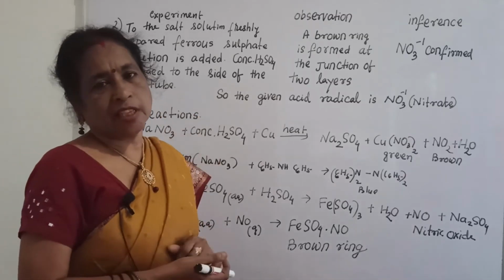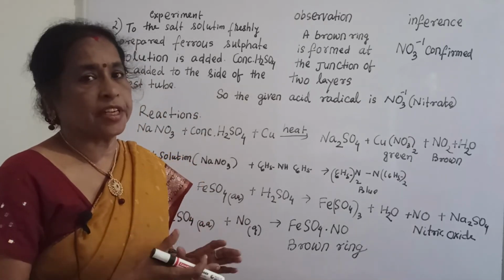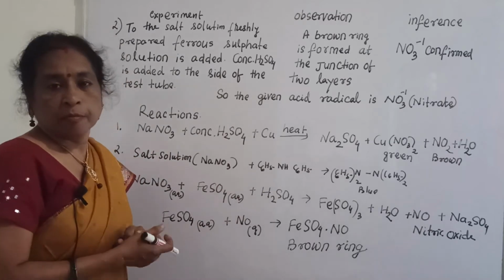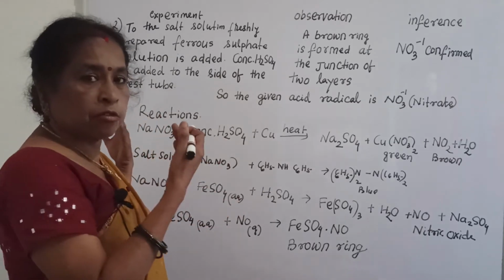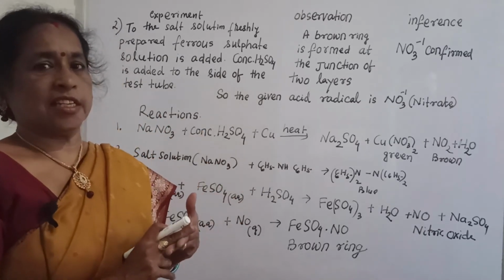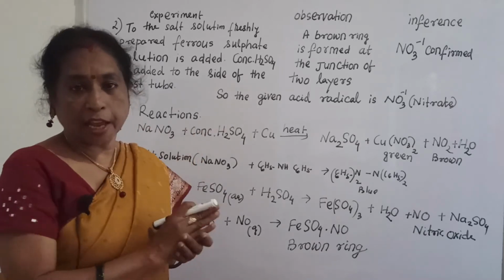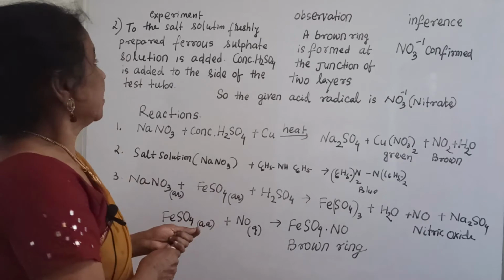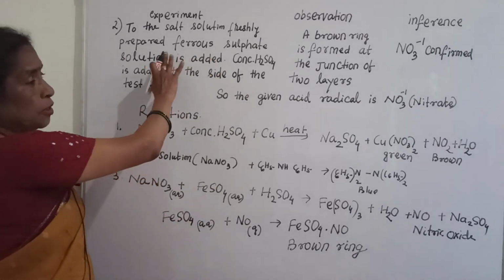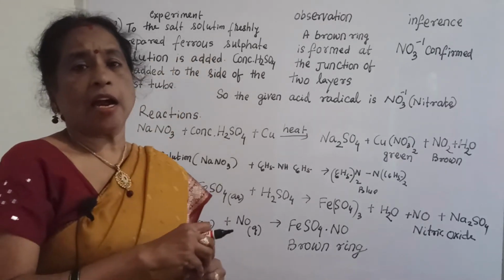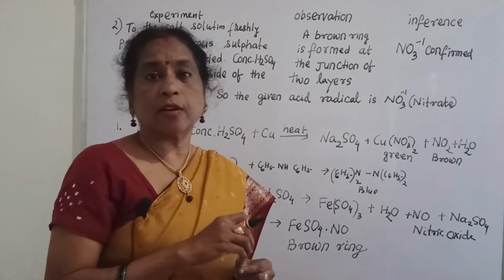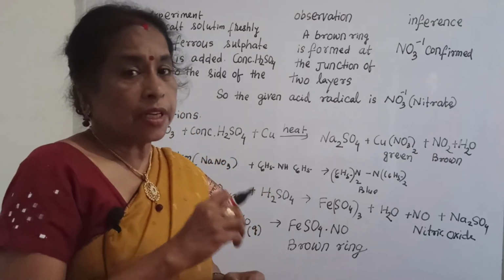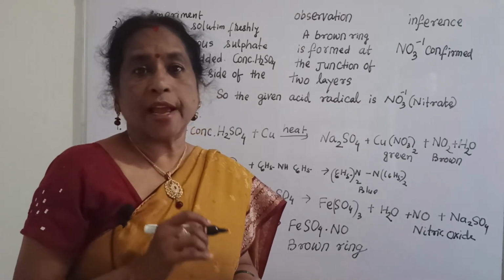Now we will see the second test, that is the wet test for nitrate. Because you are confirming with one test, that is the diphenylamine test, and now it is the second wet test for the nitrate radical. Here you will take the salt solution and add freshly prepared ferrous sulfate solution. What is the formula of ferrous sulfate?